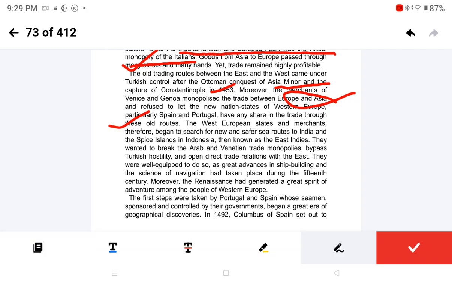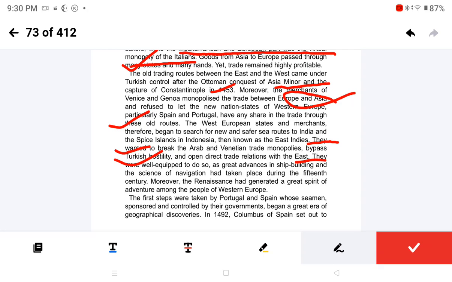The West European states and merchants therefore began to search for a new and safer sea route to India and the Spice Islands in Indonesia, then known as the East Indies. They wanted to break the Arab and Venetian trade monopolies, bypass Turkish hostility, and open direct trade relations with the East.